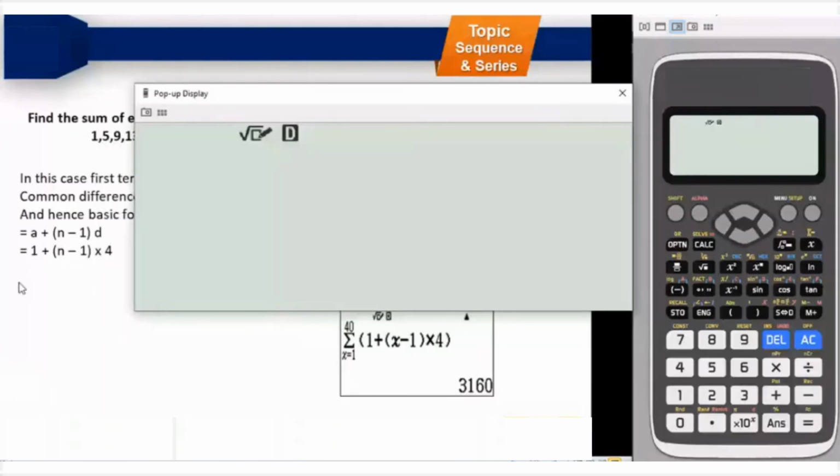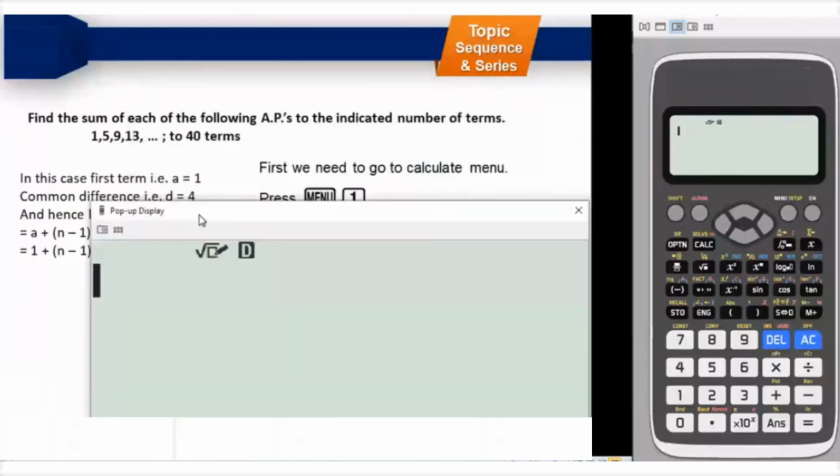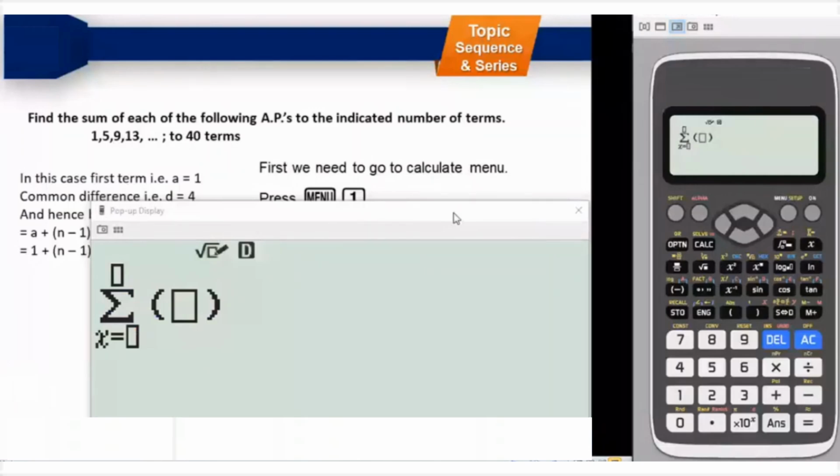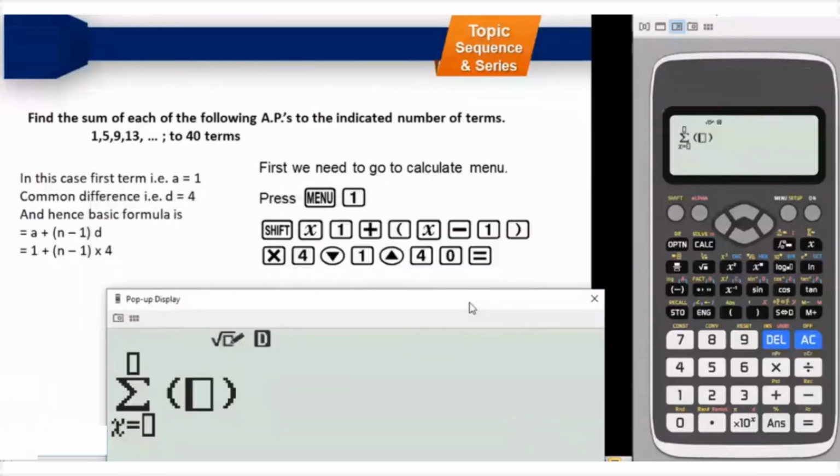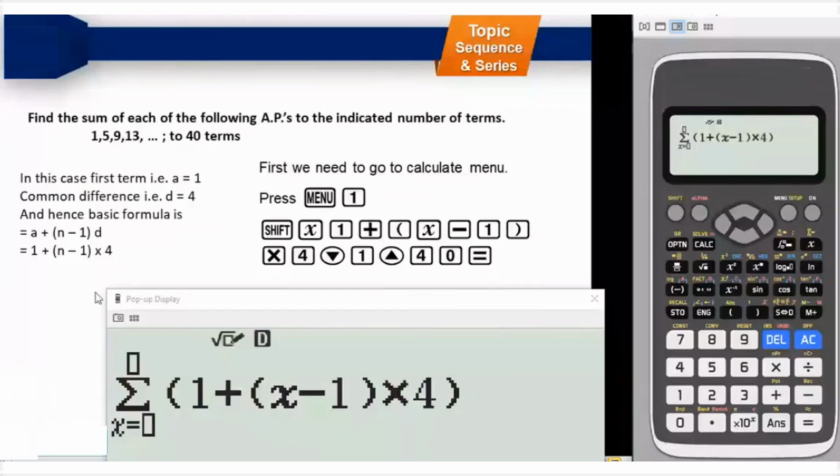So I will press shift and X, that will give me the sum, and I need the sum of 1 plus bracket open x minus 1 bracket close into 4, that is a plus n minus 1 d. Agreed?